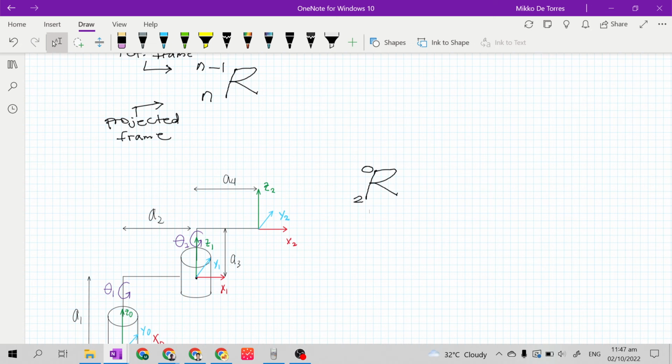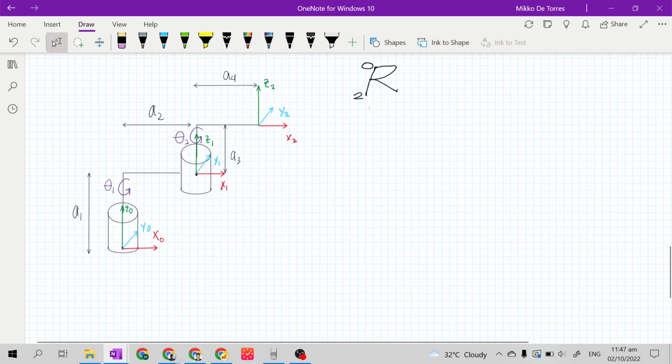So that's why the projected frame is 2. So this is read as R02. So this R02 describes the 3 by 3 rotation matrix of our SCARA manipulator.